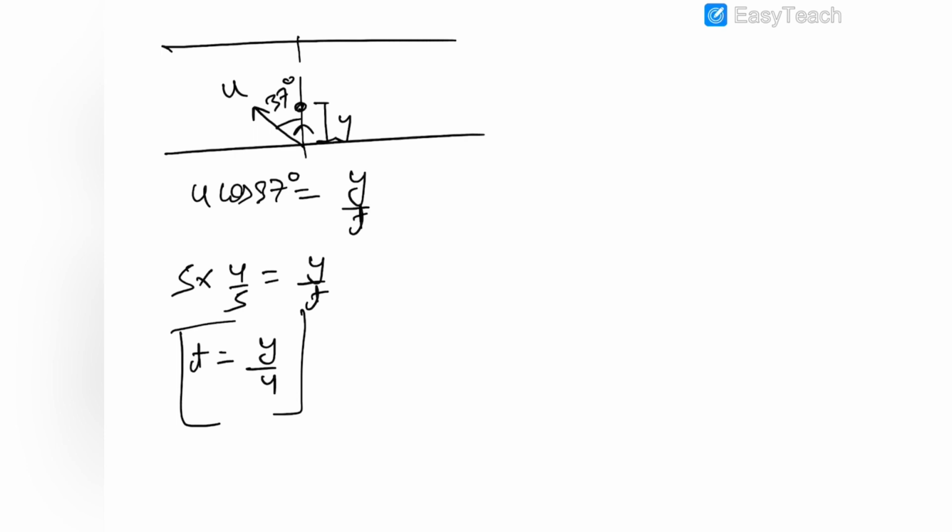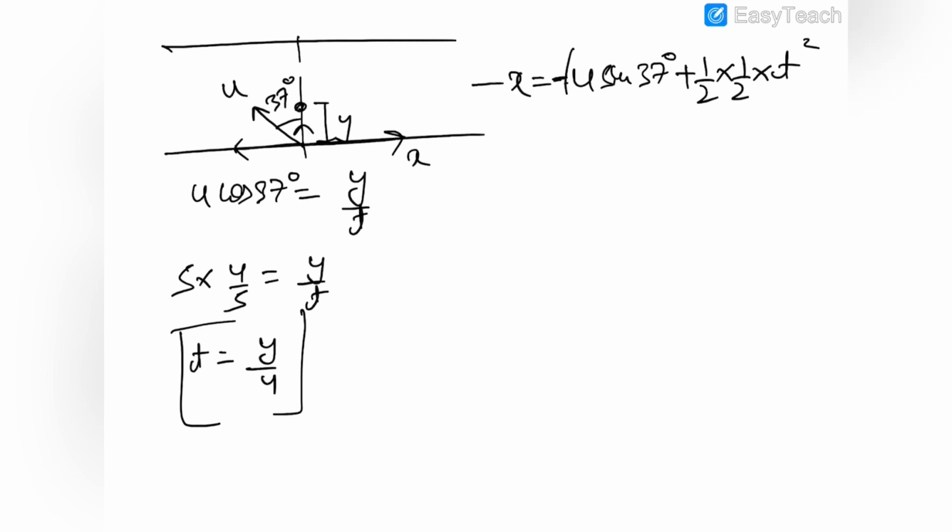And in the x direction, in the backward direction, but positive x is in this direction, let us suppose its coordinate is minus x. So minus x will be equal to u sine 37, and this u sine 37 is in the negative direction. So this is minus u sine 37 times t, and the acceleration is in the positive direction, so this is plus half into t square.